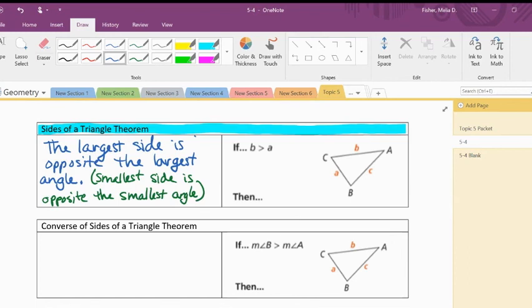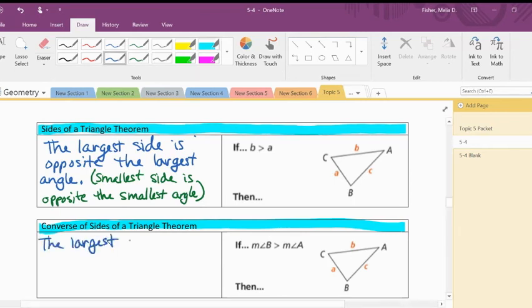The converse of that is going to be that the largest angle is opposite the longest side.